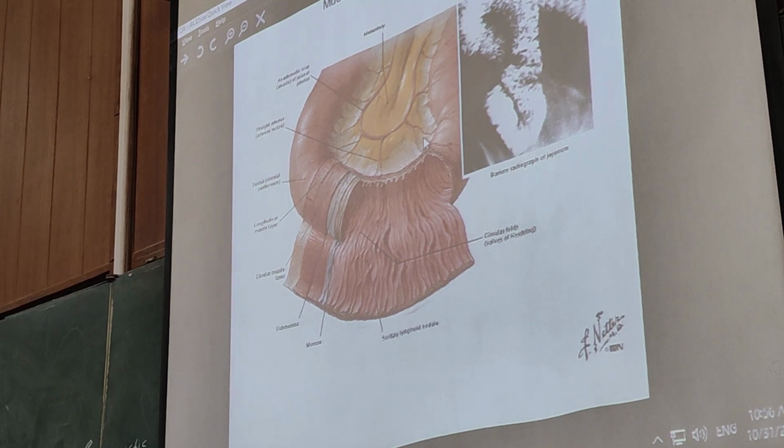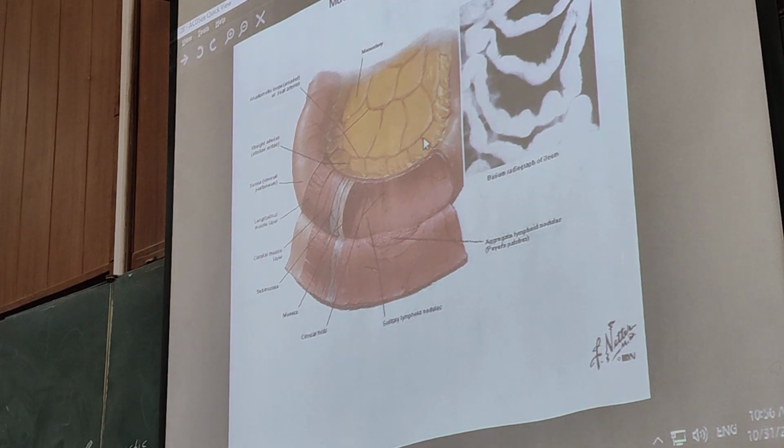These are vasa recta, like this finger shape. Vasa recta in the jejunum are longer than in the ileum. Because of the connection between the arteries in the ileum, the vasa recta are shorter, as you can see here.